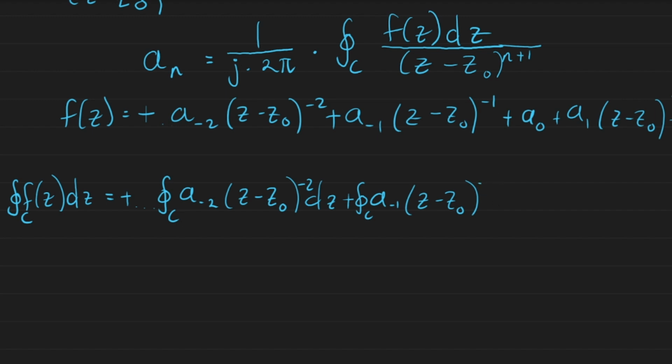There should be a dz here as well, plus this integral around this closed path of a naught times dz, plus integral around the closed path of a1 times z minus z naught to the power 1, and we carry on like that.